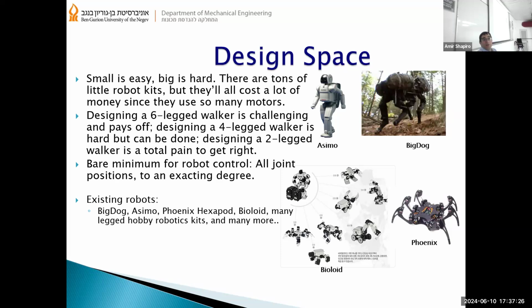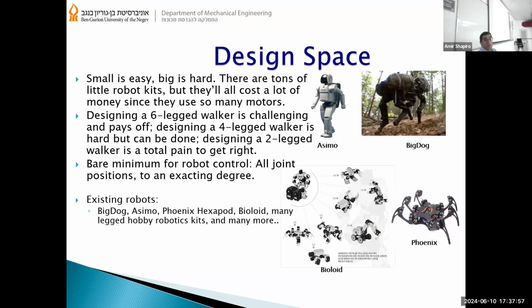Designing a six-legged walker is challenging and pays off. If you take six legs, the control is much easier. Designing a four-legged robot walker is hard, but can be done. Designing a two-legged robot is very difficult because of maintaining stability.